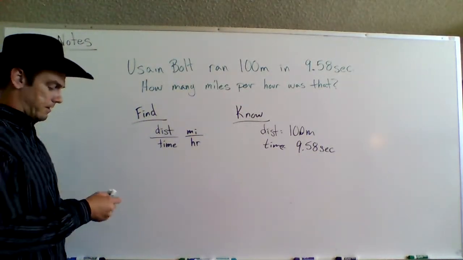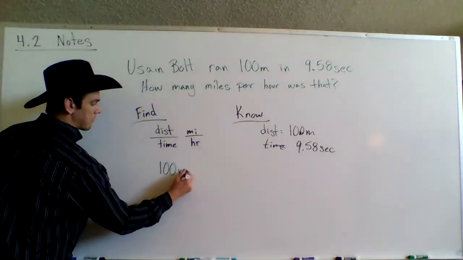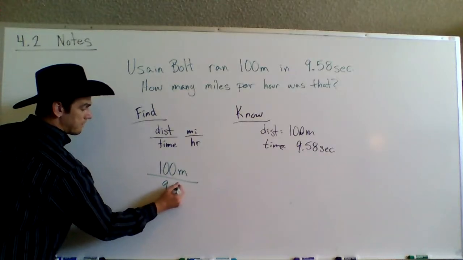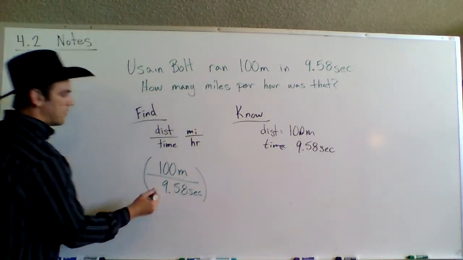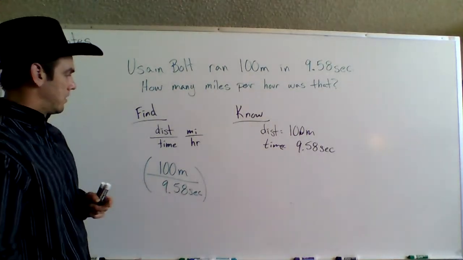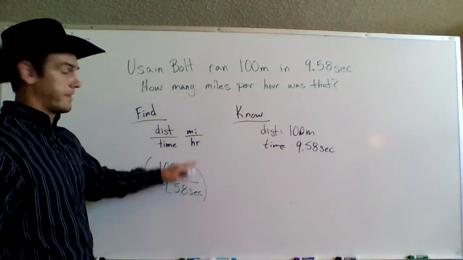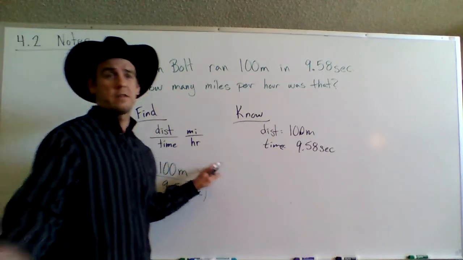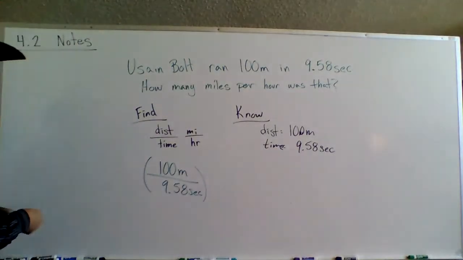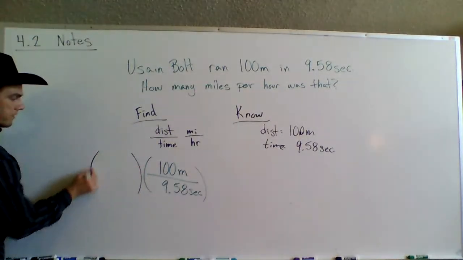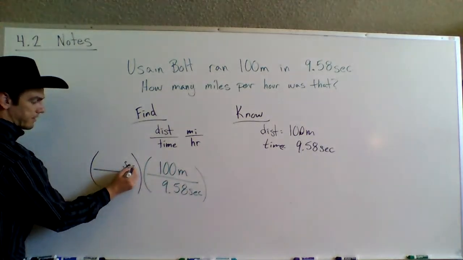Okay, so let's set this up. We have 100 meters in 9.58 seconds. All right, so the one you're most familiar with is seconds to hours. We can do seconds to minutes, minutes to hours. Shouldn't be a problem. So hopefully you guys did that. I'm going to do that over here on the left side. I want seconds to cancel, so I'm going to put seconds on top.